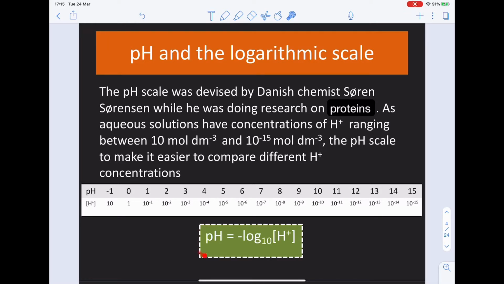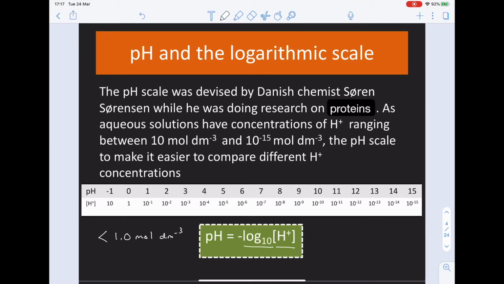So pH is simply calculated as the log to the base 10 of the concentration of H plus ions. Since the concentration of H plus ion solutions are often below 1 mole per decimeter cubed, we often find that the log of the concentration of H plus ions has a negative number.